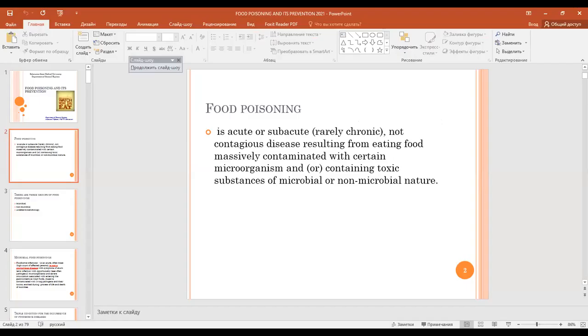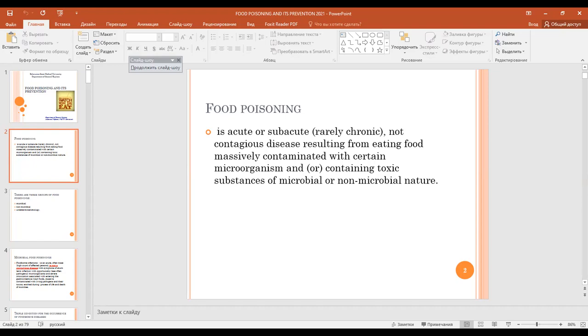Well, first of all, traditionally, let me give you the definition. What is food poisoning? As you see, food poisoning is an acute, not contagious disease resulting from eating food massively contaminated with a certain microorganism or with toxins.